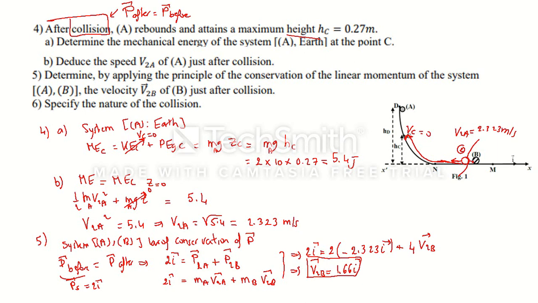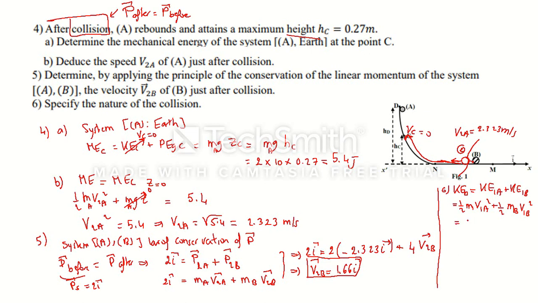Now the last part, specify the nature of collision. In order to specify the nature of collision, what should we do? We should find KE before and KE after. So in part 6, KE before the collision is equal to KE1A plus KE1B, equal to half mA v1A squared plus half mB v1B squared.